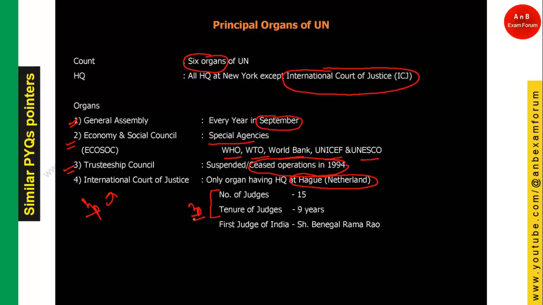We have seen many questions in previous years, like the number of judges. The International Court of Justice has a panel of 15 judges and is meant for resolving disputes between member countries. These judges are elected by the General Assembly, and the tenure of each judge is 9 years.